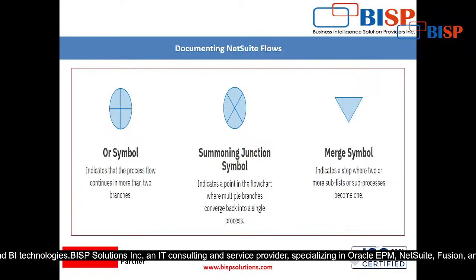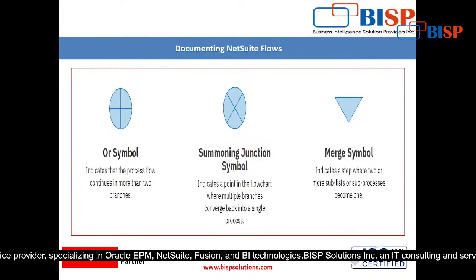At that time it can be used, right? So it depends on the scenario what type of icons are used. The merge symbol indicates a step where two or more sublists or sub processes become one, right?